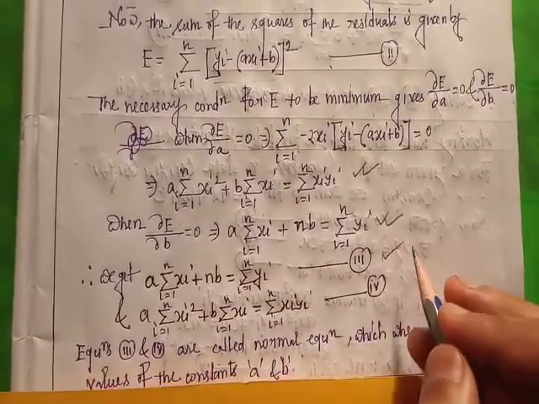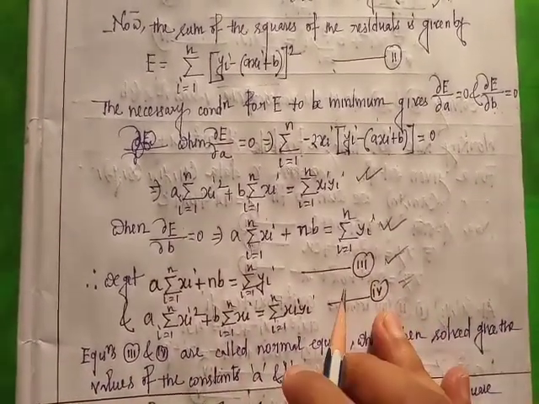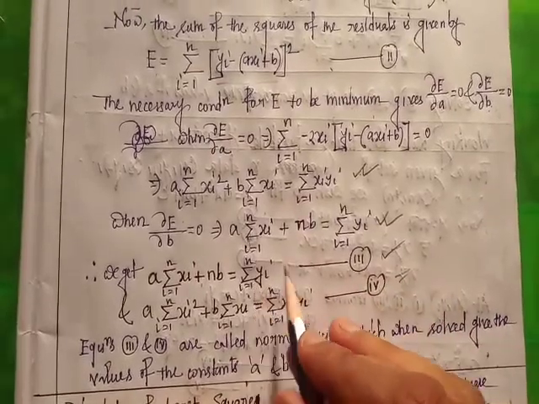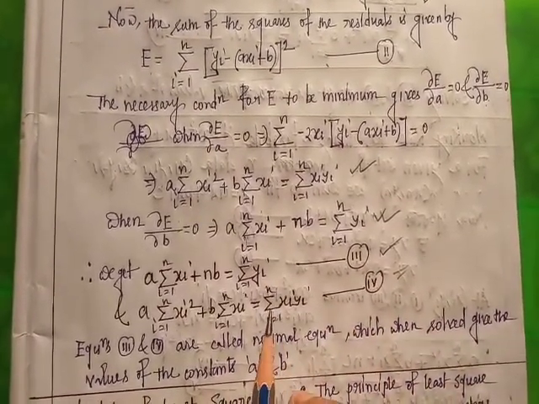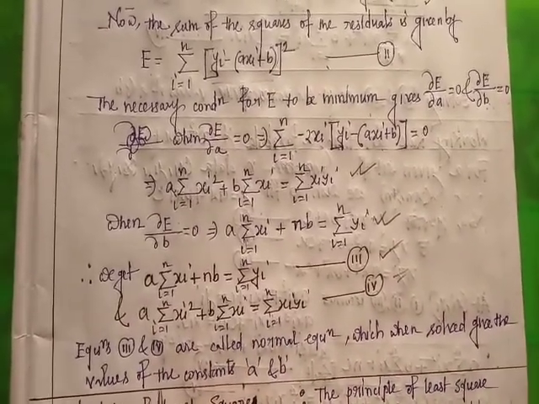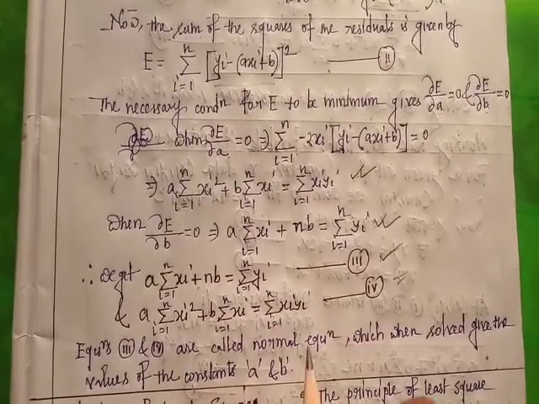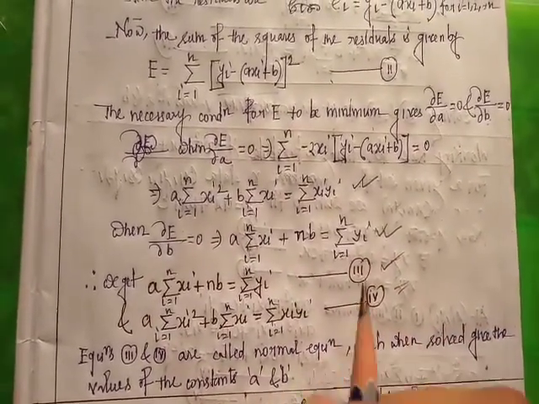These two equations, 3 and 4, are called normal equations, which when solved give the values of the constants a and b.